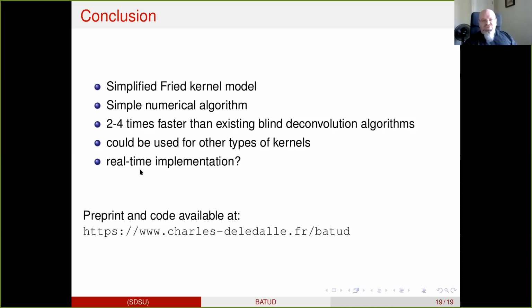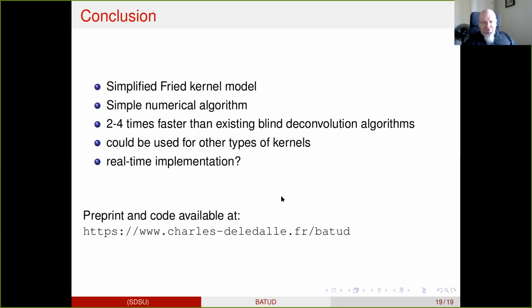Right? If you are interested to learn more details, the preprint of our paper is available on Charles' website, and the code will be available there. It's not yet, because we are waiting for the paper to be definitively accepted. We submitted the revision 2 weeks ago, so it should be soon, I guess.